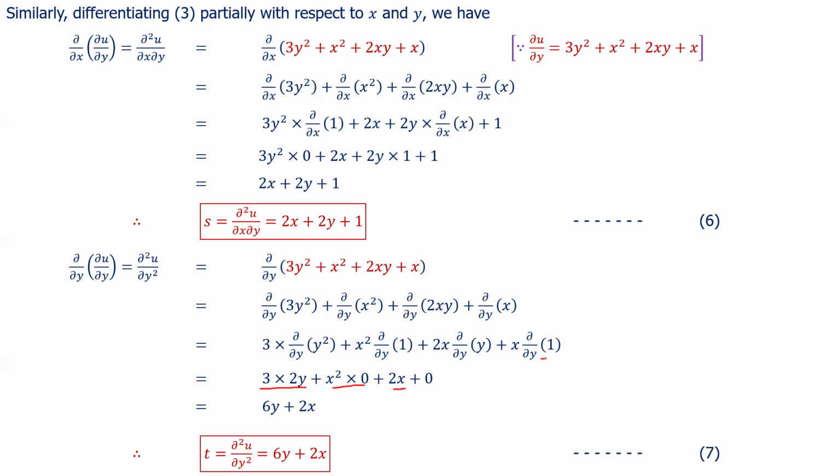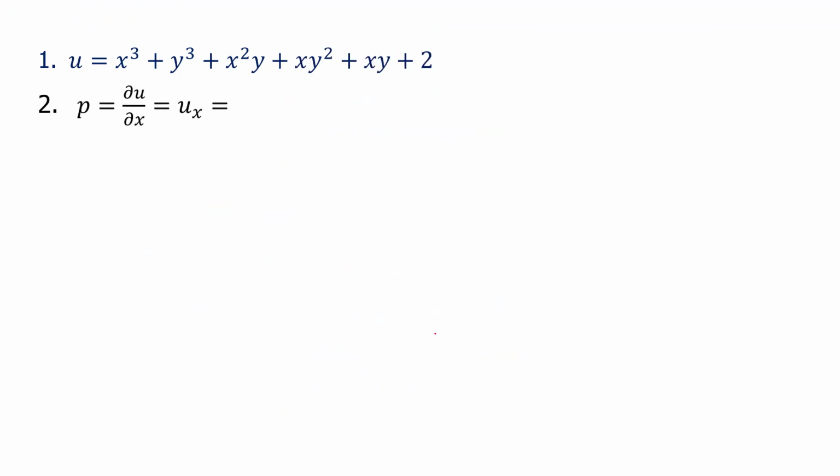Now let me summarize what we have done in this example number 1. We have the function x cube plus y cube plus x square y plus xy square plus xy plus 2. To find its first order partial derivative with respect to x, this is 3x square, this becomes 0. Derivative of x square is 2x, so 2xy.